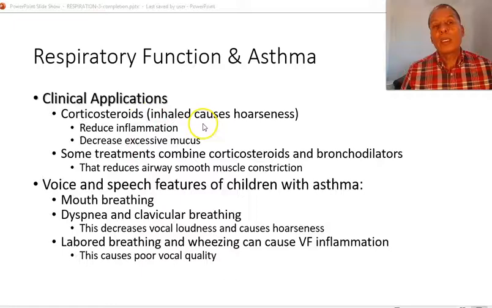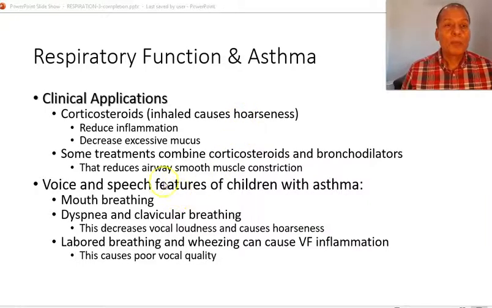But that causes hoarseness. And this is where we come in and we try to work on things like these, because that's a voice problem. And some treatments combine both corticosteroids and bronchodilators to open the bronchi.